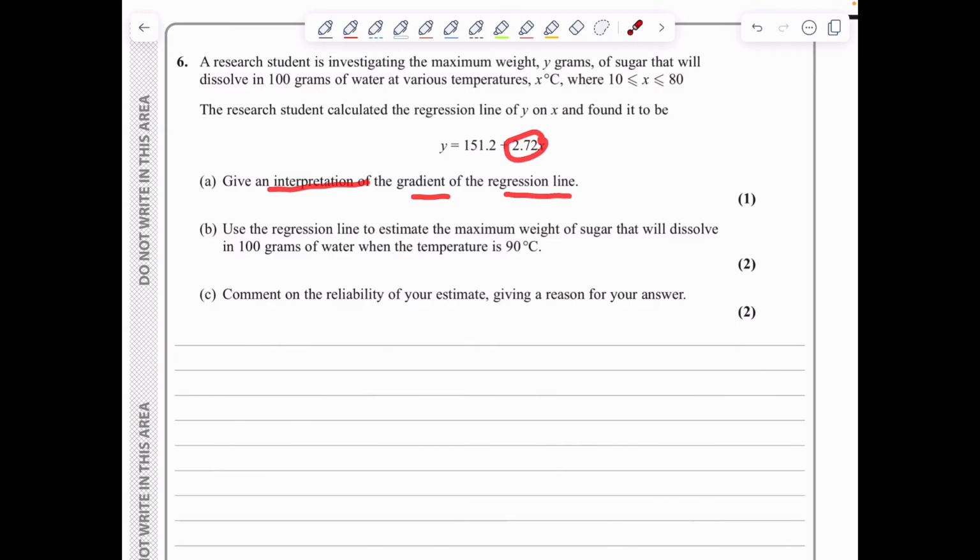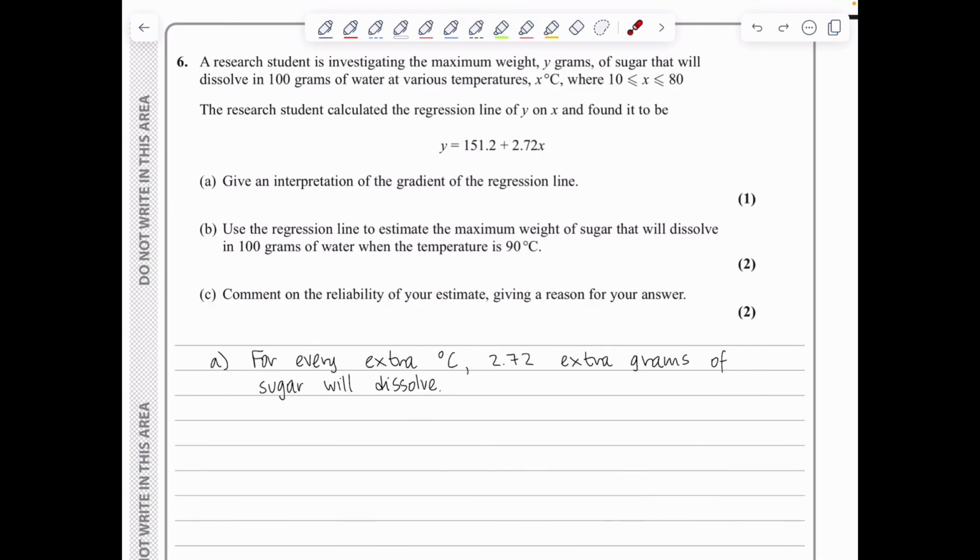Well, we know that the 2.72 is the slope, the gradient, which means that for every extra increase in x, and x is the temperature in degrees Celsius, we expect the amount of sugar that will be dissolving to increase by 2.72. So let's put this in writing. For every extra degree Celsius, 2.72 extra grams of sugar are expected to dissolve.